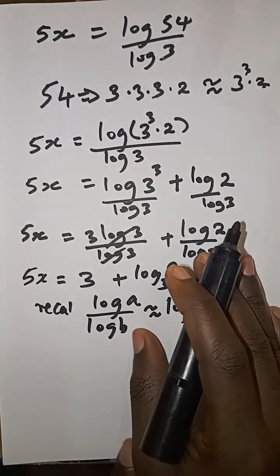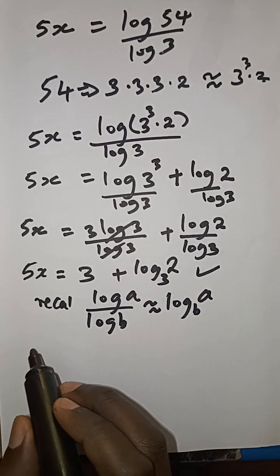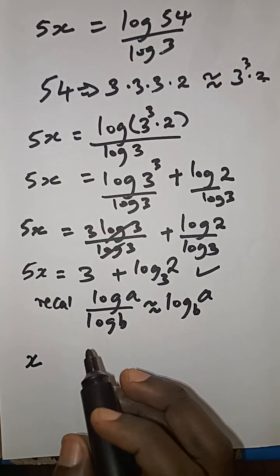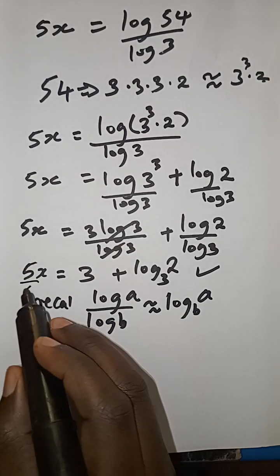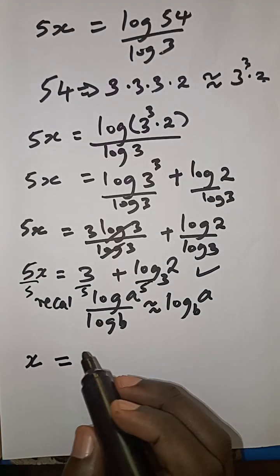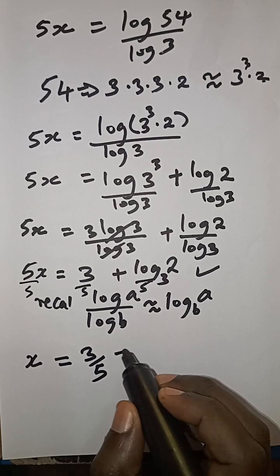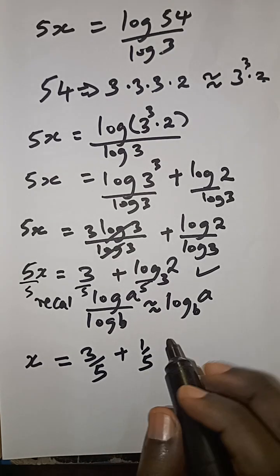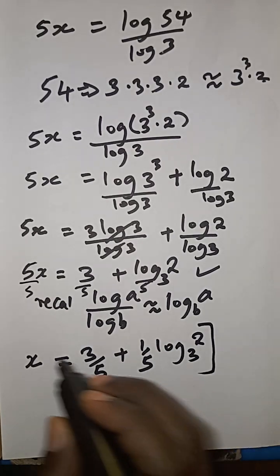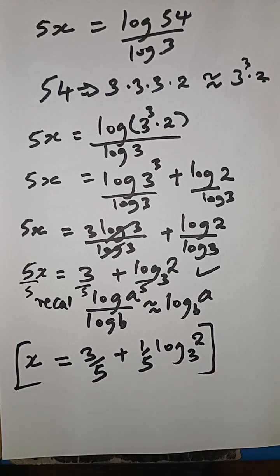It looks nice. So for me to find the actual value of x, I'm going to divide all through by 5. So x as the final value becomes 3 over 5 plus 1 over 5 times log 2 base 3, which is actually the required solution for x.